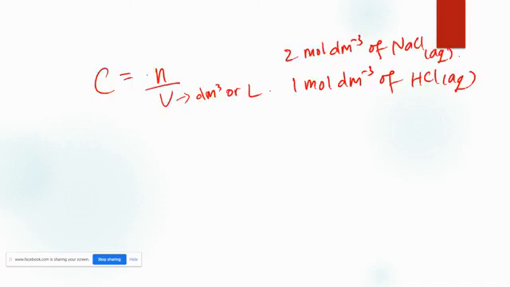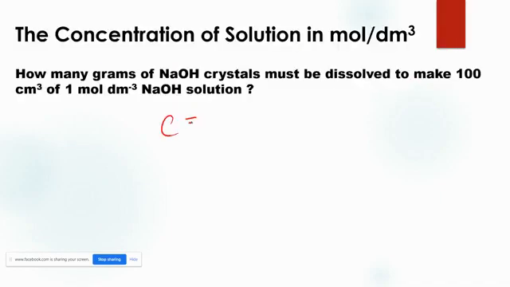The formula is this one. Concentration of solution equals to mole divided by volume of solution. Moles of solute divided by volume of solution. In this case, the solute is sodium hydroxide and the solvent is water.